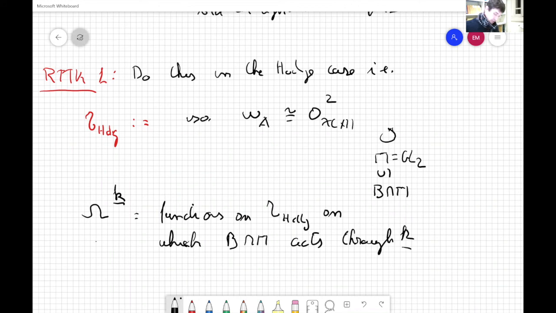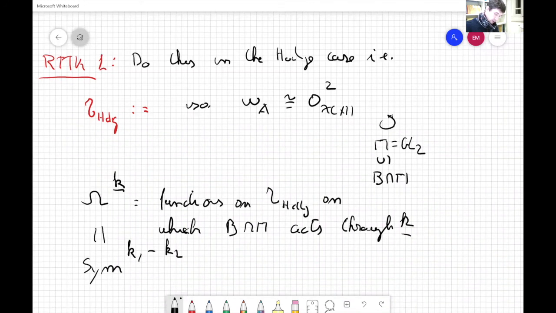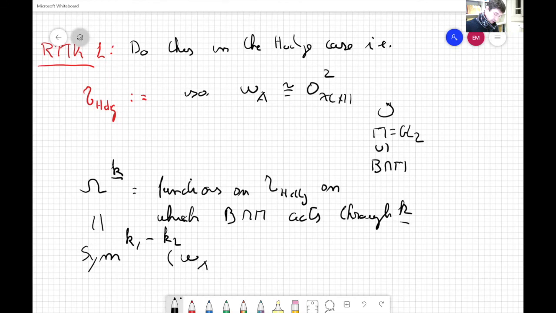And actually in this case, one can compute it simply: Sym^(k1 minus k2). This will play a crucial role tomorrow when I compute a certain BGG complex. Actually, it will be fun. So to remember this, tensor the determinant of omega A to the k2. So you see it's already these Hodge bundles, when k1 minus k2 increases, you see that the rank gets bigger and bigger and so on, okay?